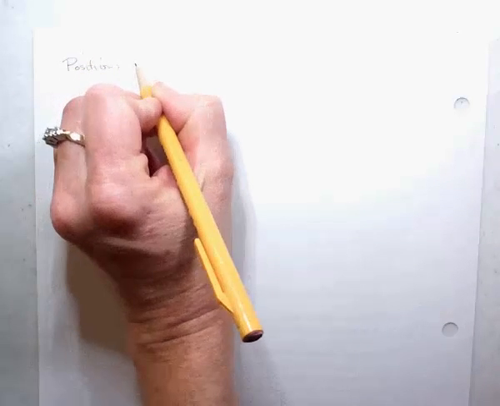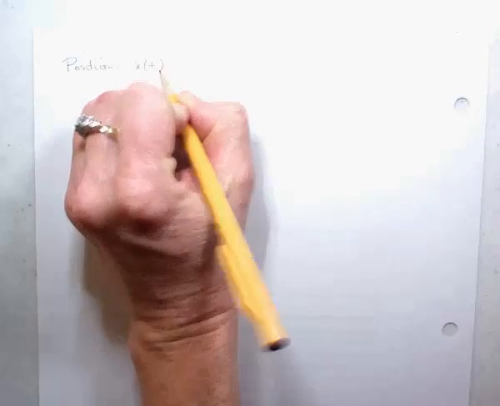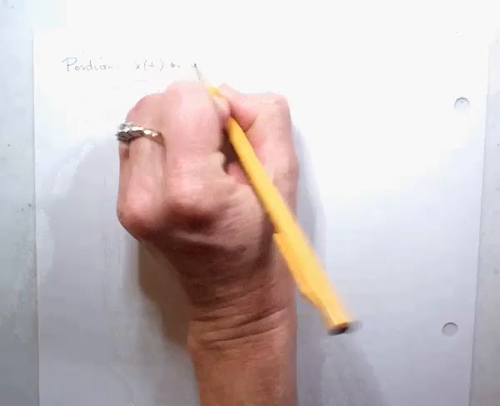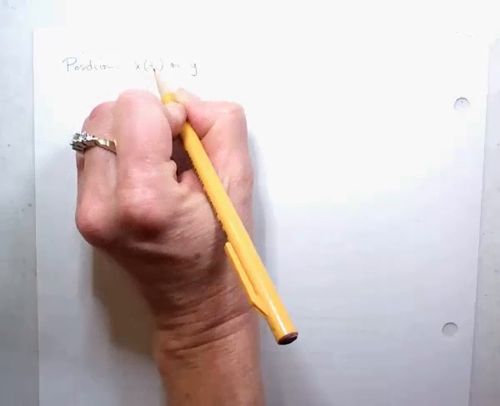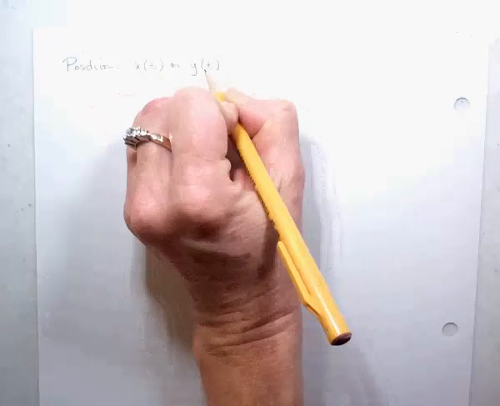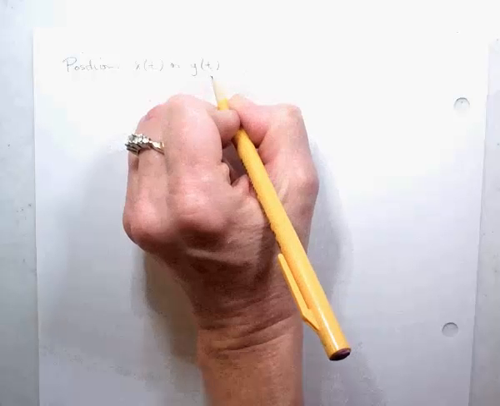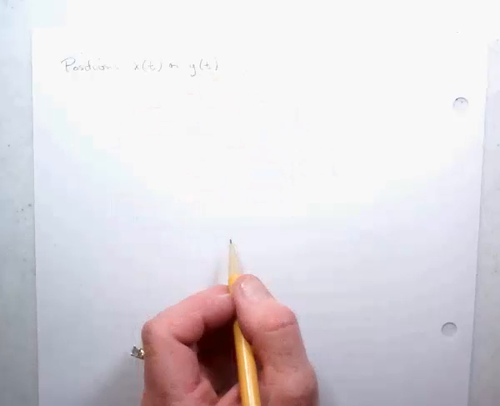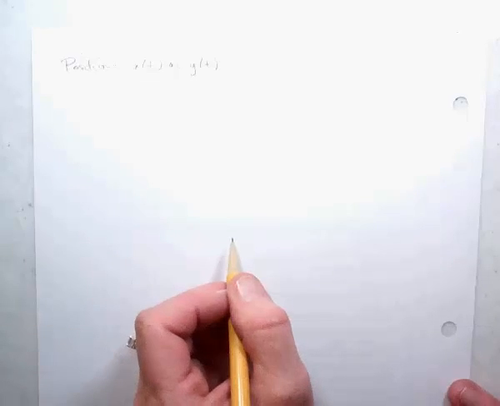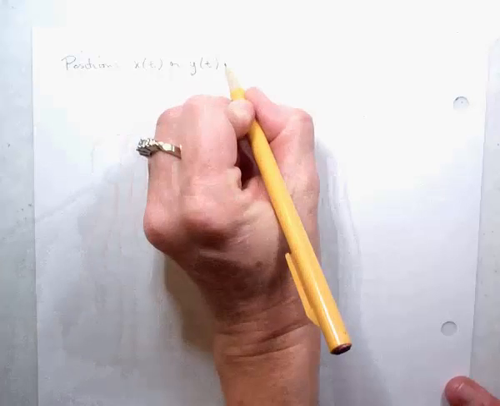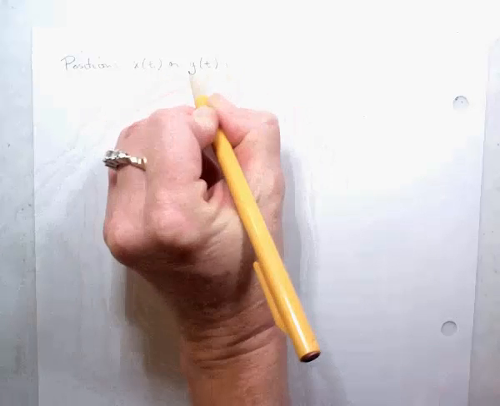Okay, so for position, if an object is traveling left or right, we usually use the notation x of t. It's x position at some time t, or y of t if the particle is moving up or down. For this particular lesson, what we're going to be looking at is motion along a straight line. That line might be horizontal, that line might be vertical. This is the notation that's usually reserved for position.